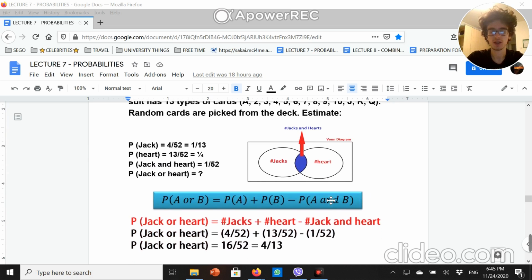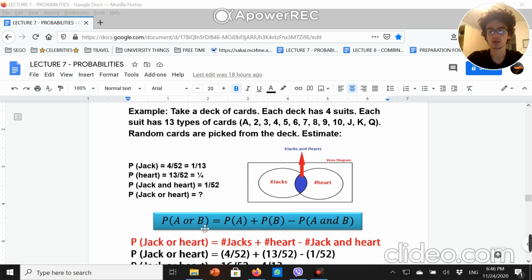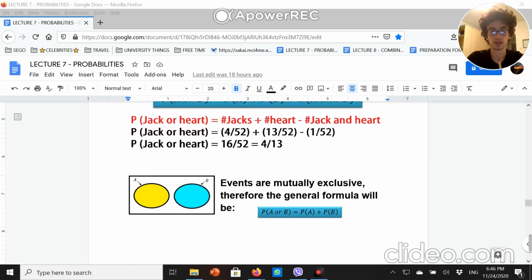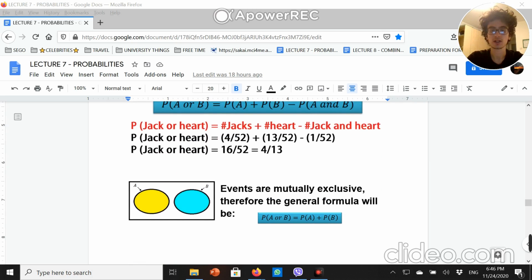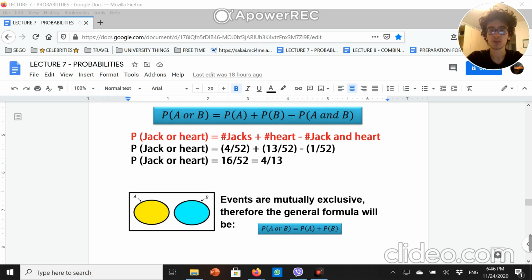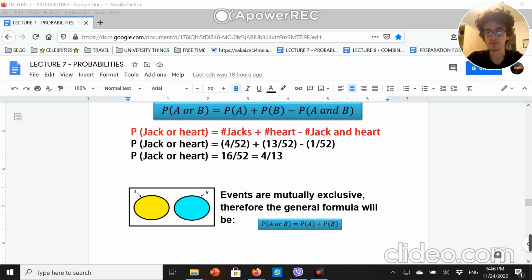That's pretty much it for this rule. I think it's really easy and straightforward. Basically, when you see the word "or", you know it's the addition rule and you need to use this formula only when events are not mutually exclusive. If events are mutually exclusive, meaning they cannot happen at the same time, there will be no intersection.